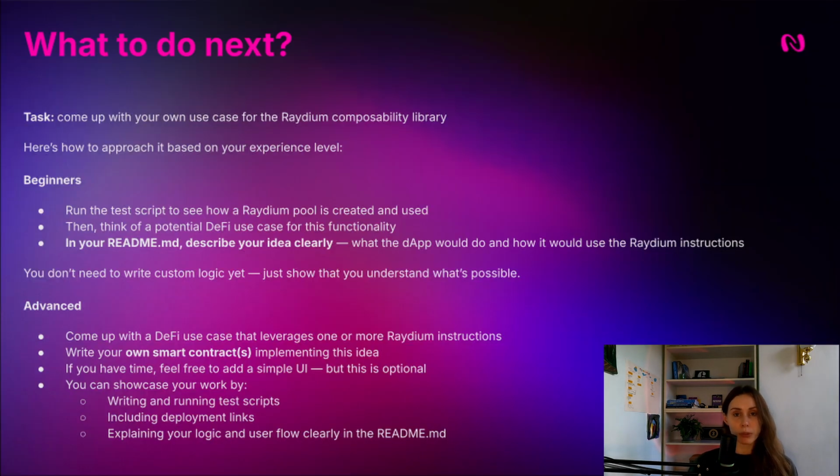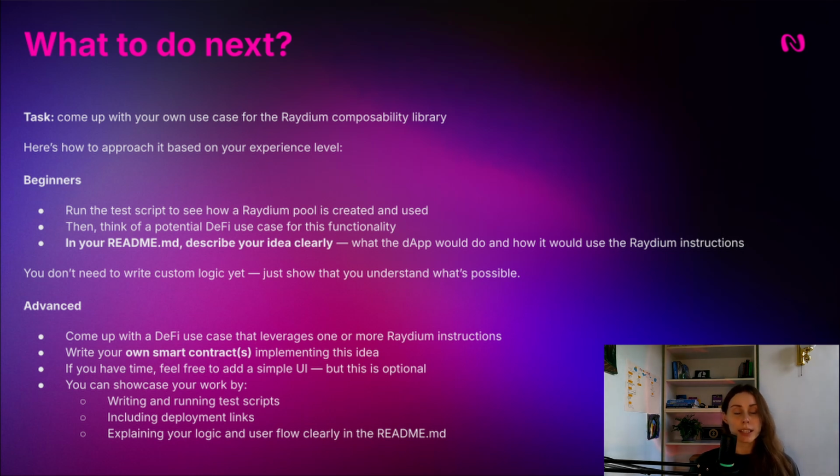To sum up, we've seen how to call Solana's high-performance DEX Raydium from our good old Solidity with the Raydium library. And what you saw today, all these instructions, creating a CPMM pool, adding and removing liquidity, even collecting fees and doing swaps, is actually just the tip of an iceberg.